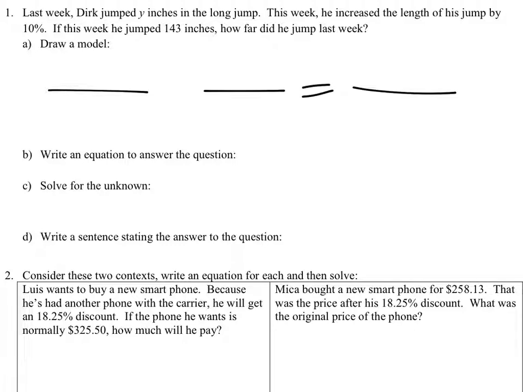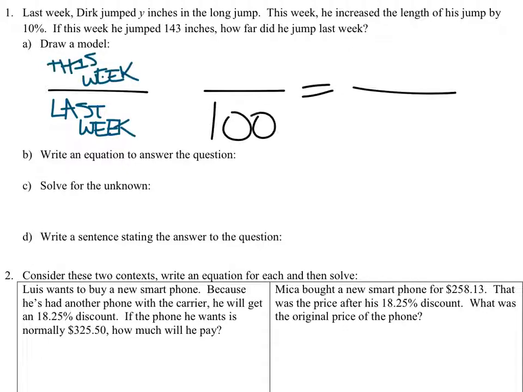So the two things we're comparing would be last week and then also this week. Now, since this is a percent proportion, we'll always have the 100 radicand. And the way this reads is we're comparing this week to last week, which means last week would be the original value, which is 100%.